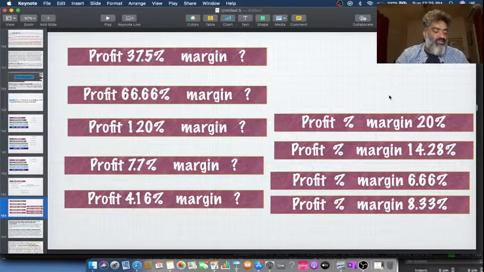So lots of questions on board. Give me profit and margin together, guys, because now there are lots of questions. So write profit 37, margin this much, profit this much, margin this much.